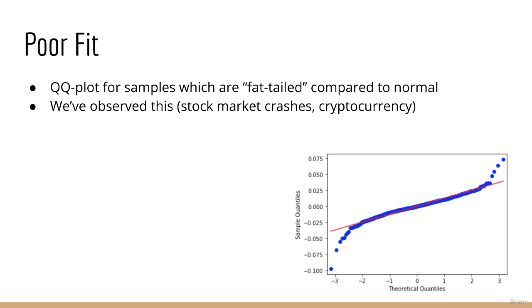The probability of these events under the normal distribution would be infinitesimally small, so we know that normal distributions are probably a poor approximation to real-world returns. In any case, what does a QQ plot look like when we have heavy tails? Well, we see that the points will deviate from the straight line at both ends.